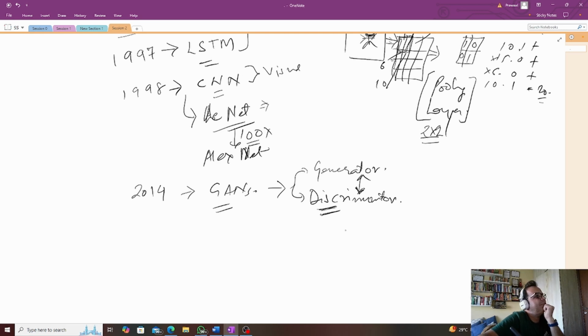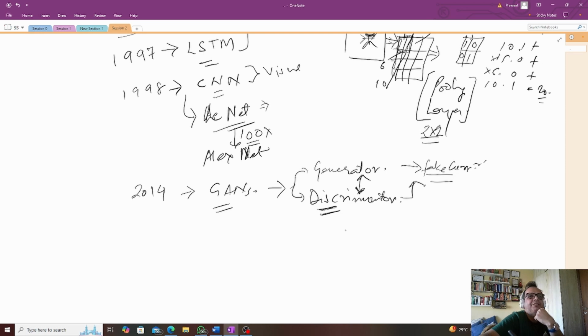So let me give you an example. For example, a generator is trying to create images of, let's suppose, fake currency, and the discriminator is some kind of police or some kind of check, a kind of supervised learning, which tells whether the currency is fake or real.